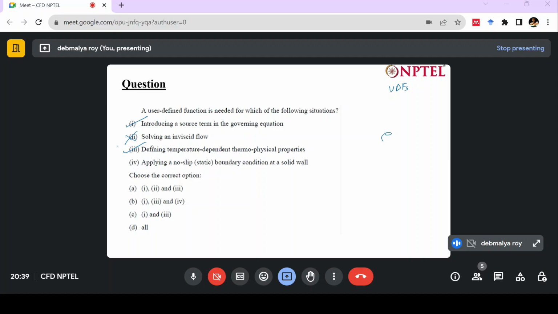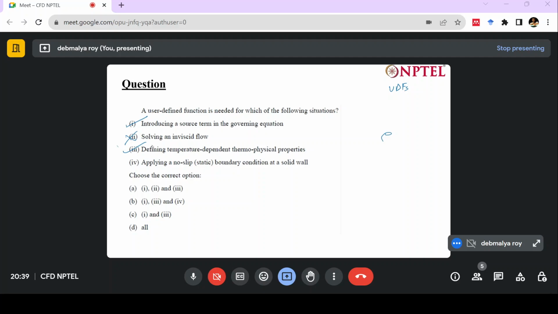Applying a no-slip boundary condition. This is also a very basic function. Basically, all the very standard things that we do for solving a fluid flow, you can do in your solver itself.